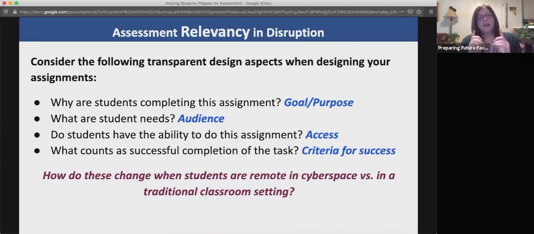Again, you also need to consider your audience though. And this is where the shift is changing right now. This is where we are seeing this disruptive time. What are student needs? When students come in, we need to think about, who am I talking to? It might be as simple as, am I talking to majors? Am I talking to non-majors? Are these people in a senior seminar class specializing in this field?